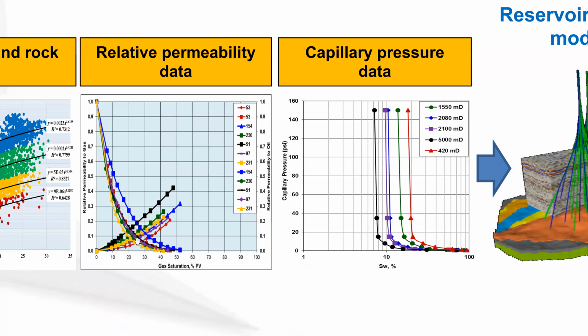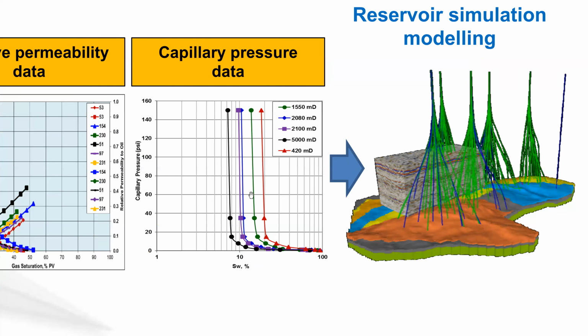Relative permeability data controls the relative movement of different reservoir fluids, and capillary pressure data identifies the initial fluid distribution and initial water saturation distribution for the 3D grid.